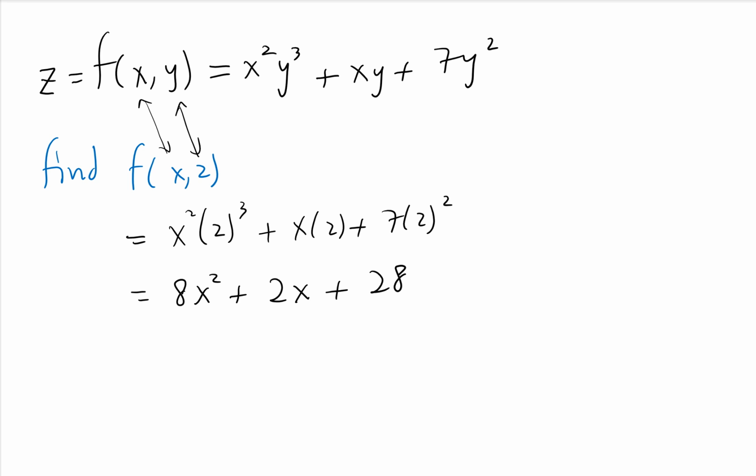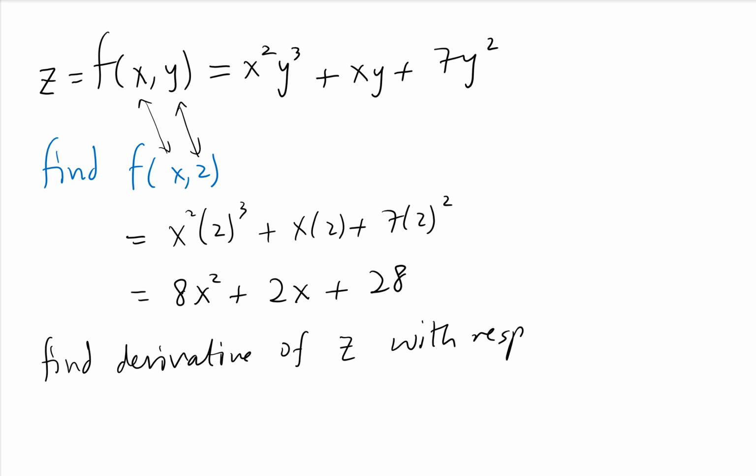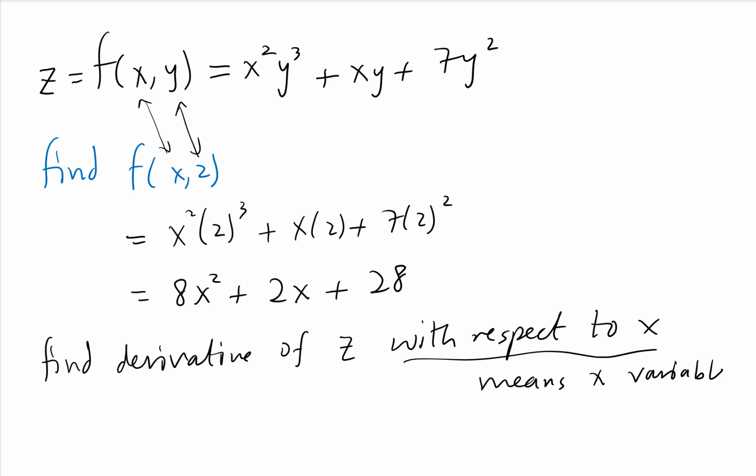Up to this point, we are interested to find the derivative of z or f with respect to x. With respect to x means x is the variable. You'll get the big picture in a minute and you see how easy this becomes. So if I want to find the derivative for what I just got, it's going to give me 16x plus 2. That's the derivative.